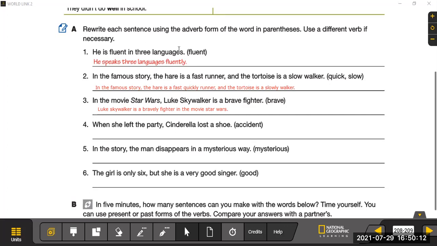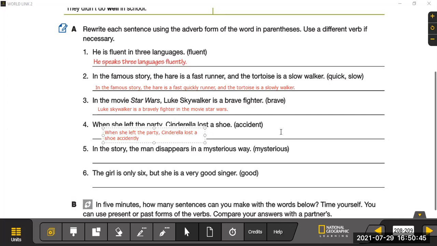When she left the party, Cinderella lost a shoe accidentally. Okay.